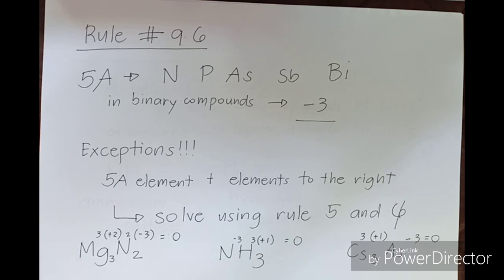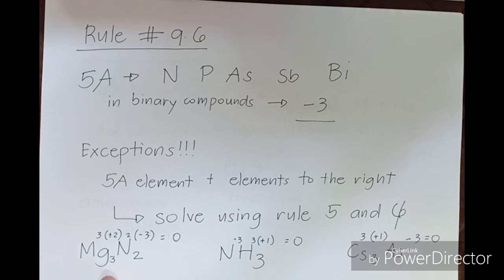Next, group 5A elements have oxidation numbers of -3 in binary compounds with metals, with H, or with NH4+. Exceptions are compounds with a group 5A element combined with an element to its right in the periodic table. In this case, their oxidation states can be found by using rules 3 and 4.